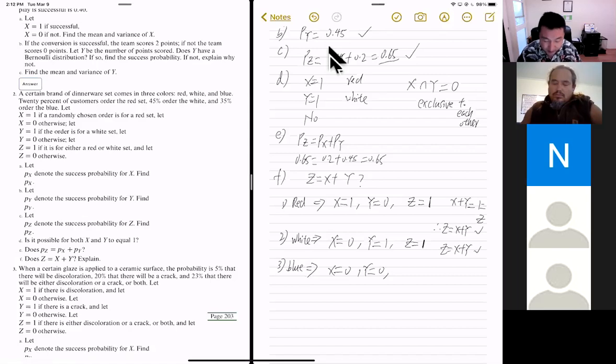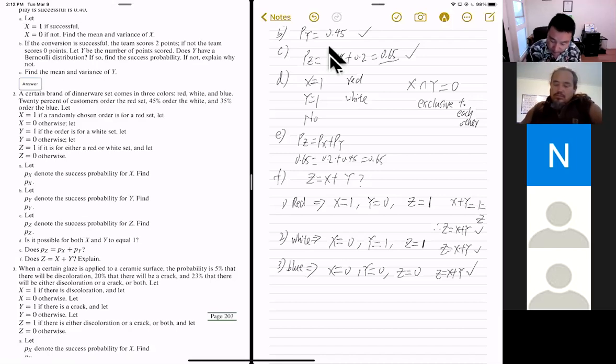For other colors, Y equals 0. And Z, same thing. Z is equal to 1 when the color is red or white, otherwise it is 0. So blue, Z equals 0. So in this scenario, Z is also equal to X plus Y.